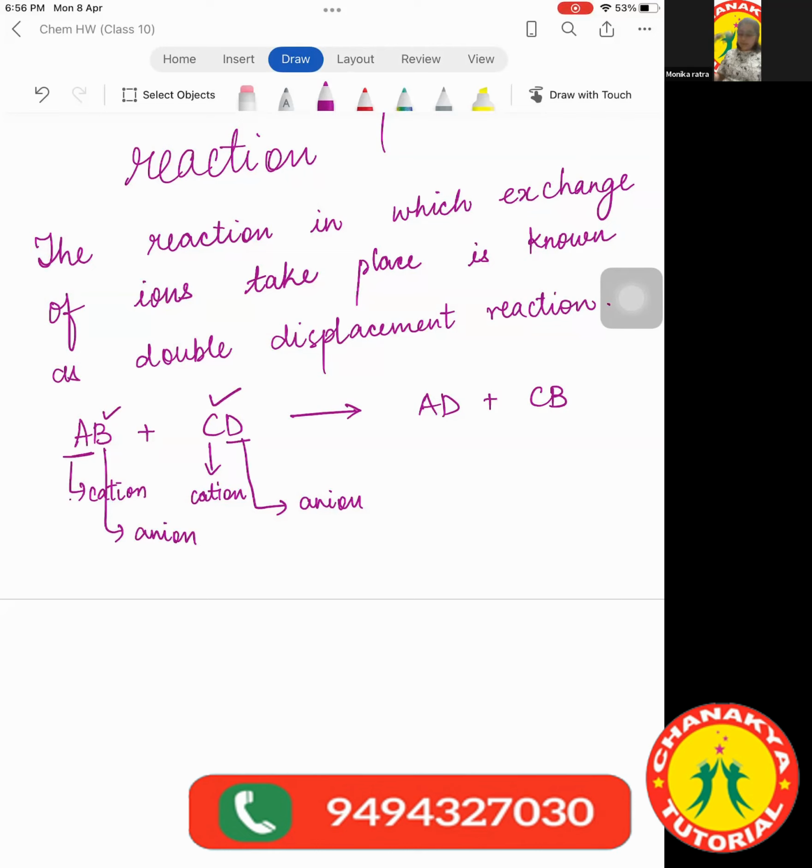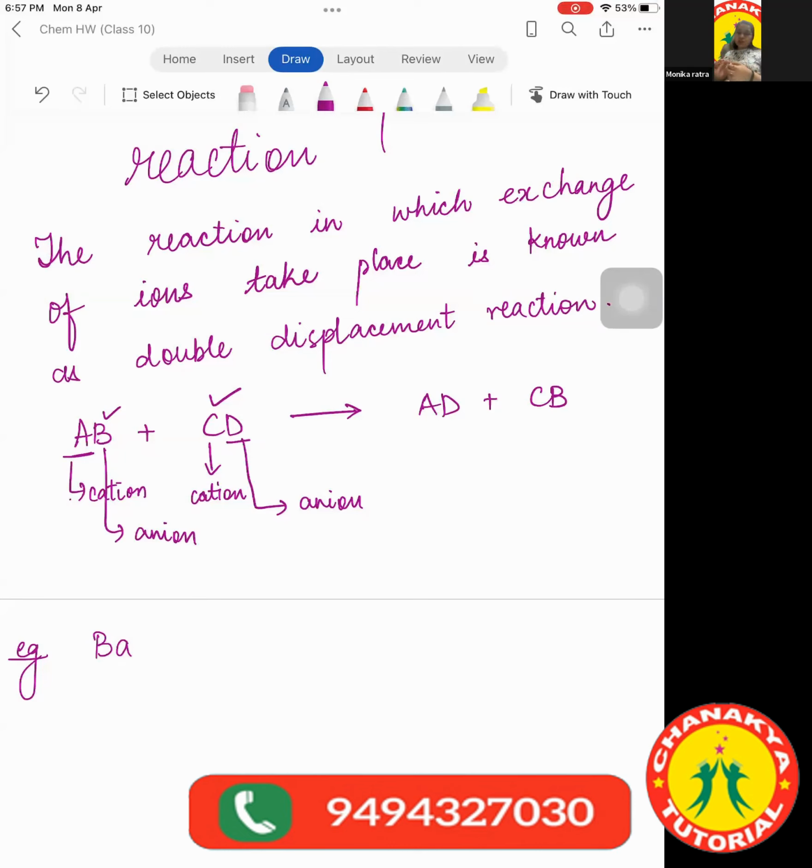I'll give you one example. So first example is BaCl2 plus Na2SO4. I don't know what is happening today with my pencil. BaCl2 reacts with Na2SO4.